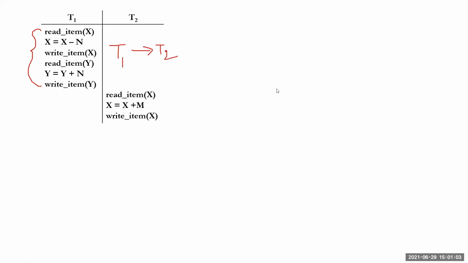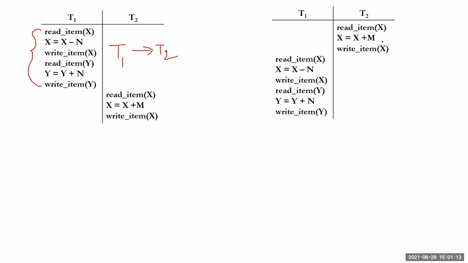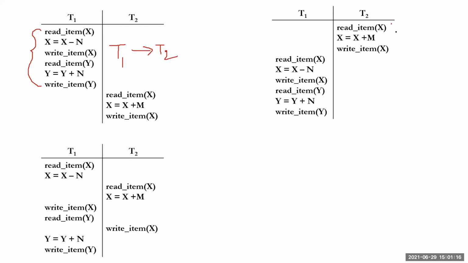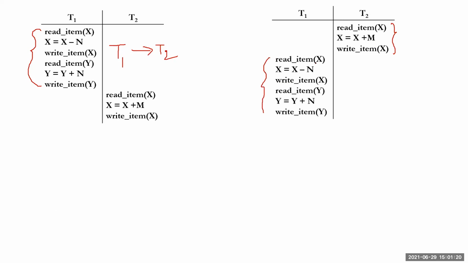People will call it T1 followed by T2, followed by T3, followed by T4, and so on, whatever the combinations might be. And the second possibility is in the reverse way: first T2 will be completed, then followed by T1. This is in reverse order.